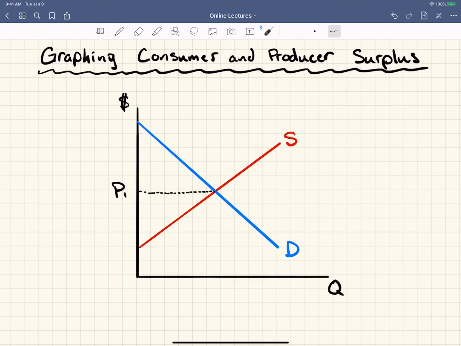And so if you take the aggregate of all the people along this line and say the gap between the demand curve and this actual price is all consumer surplus, well, pretty soon you've got this whole thing filled in. You could say the area of this triangle represents consumer surplus. And that's exactly what we do, is we say the area of this triangle represents consumer surplus.